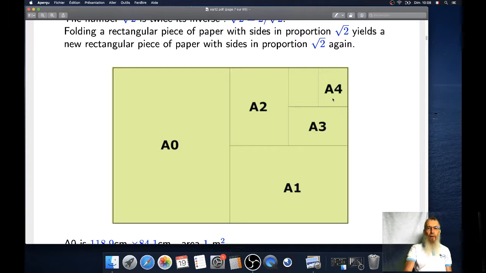The A4 format, as I showed before, if you double it, so you take two A4 papers, you get an A3 paper. If you take two A3 papers, you get an A2 paper, and two A2 papers give A1, and then you have A0.